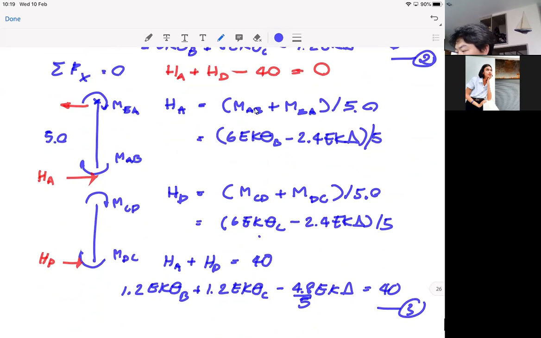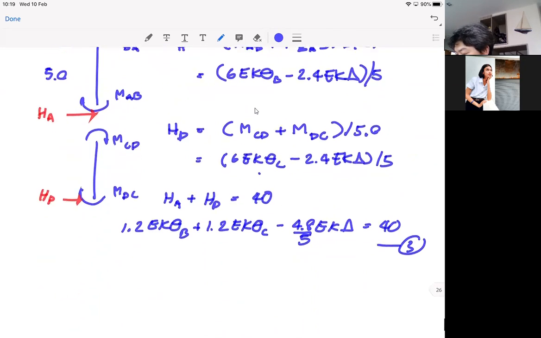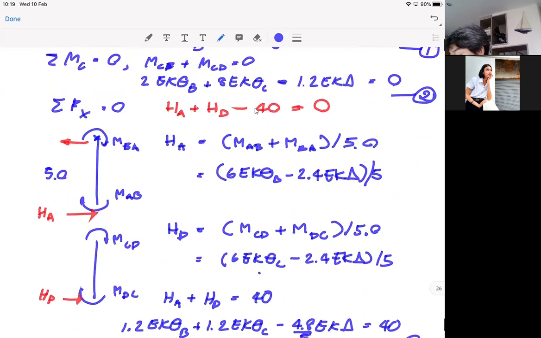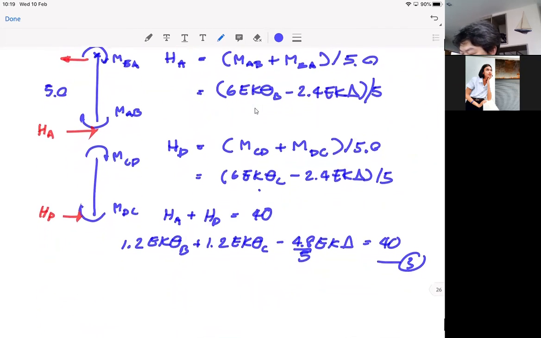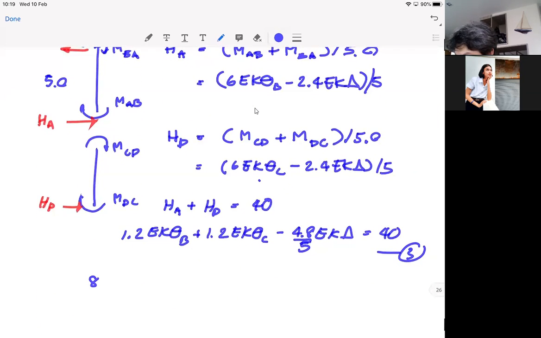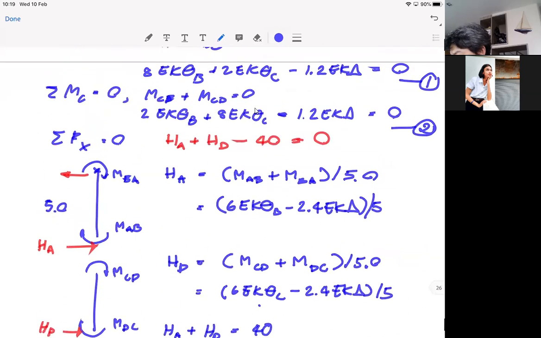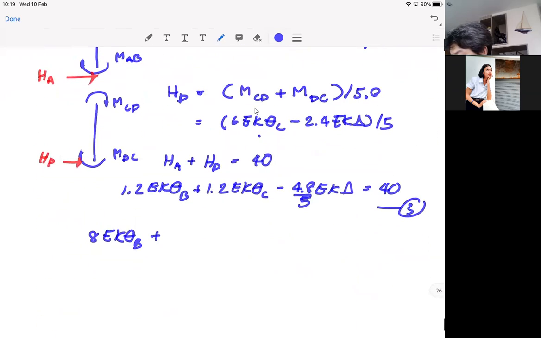If I put everything together so that you can see a better picture: 8 EK zeta B plus, what's that, 2, right? 2 EK zeta C minus 1.2 EK delta equal to 0.